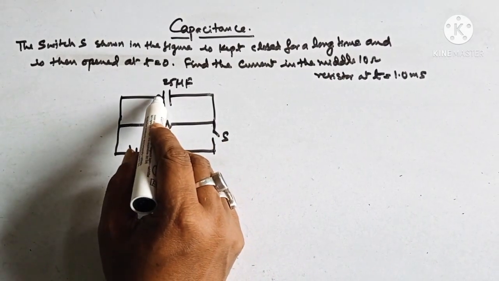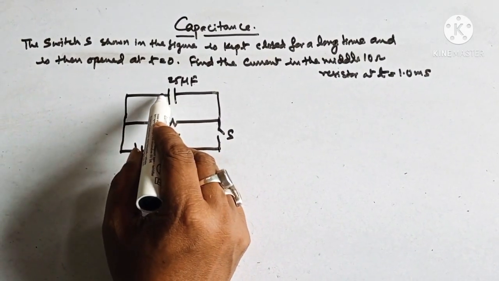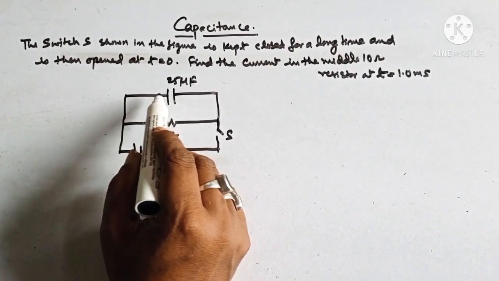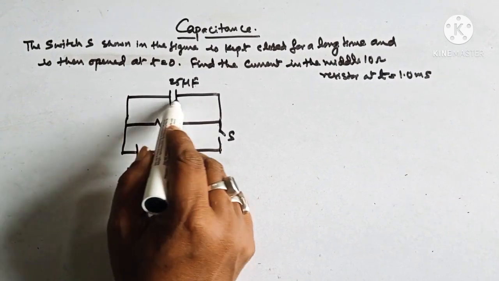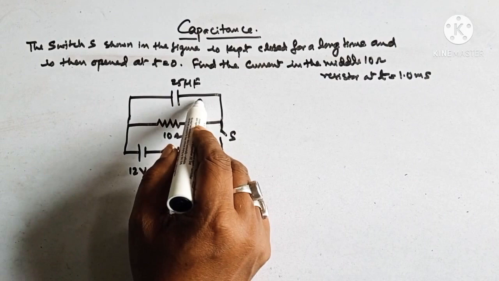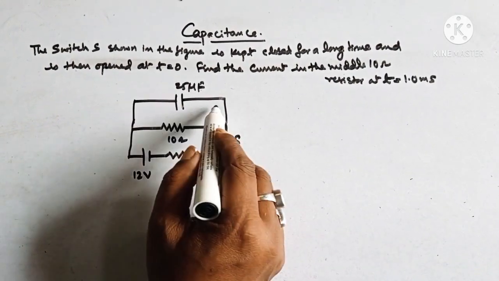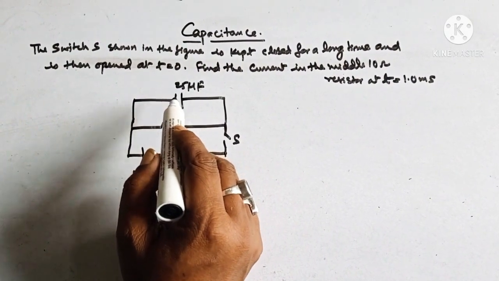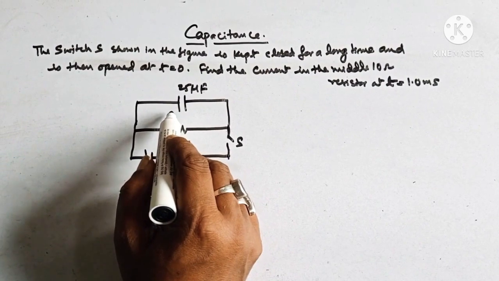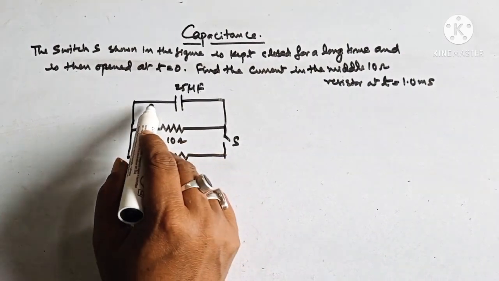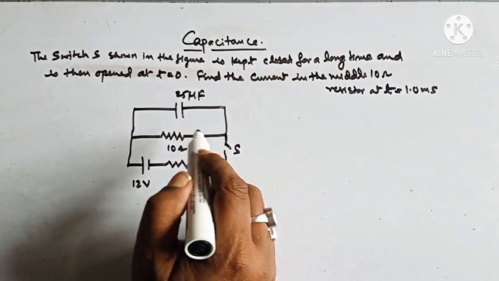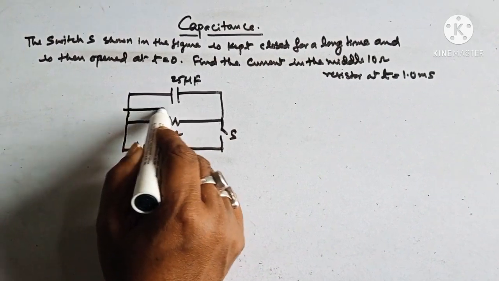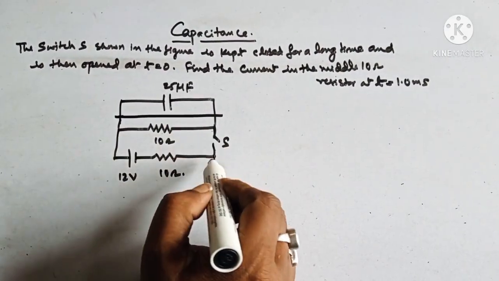But when both the plates become equally charged, no more current flows through the capacitance. When it becomes fully charged, both the plates are fully charged with opposite sign, and no more current flows through this capacitance. So this part becomes cut off, only this circuit remains.